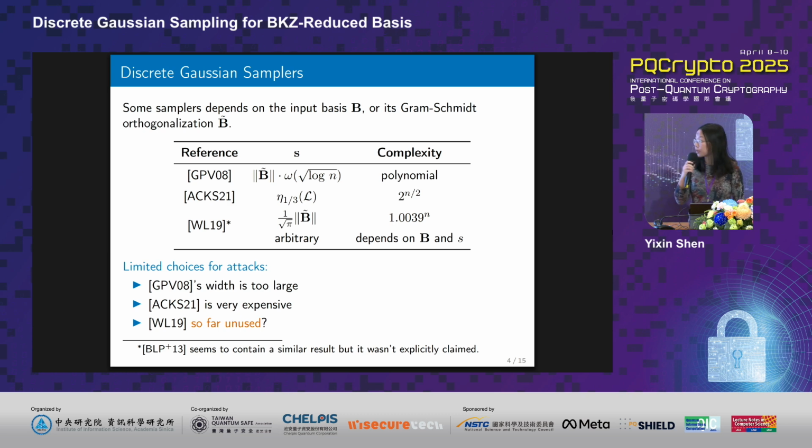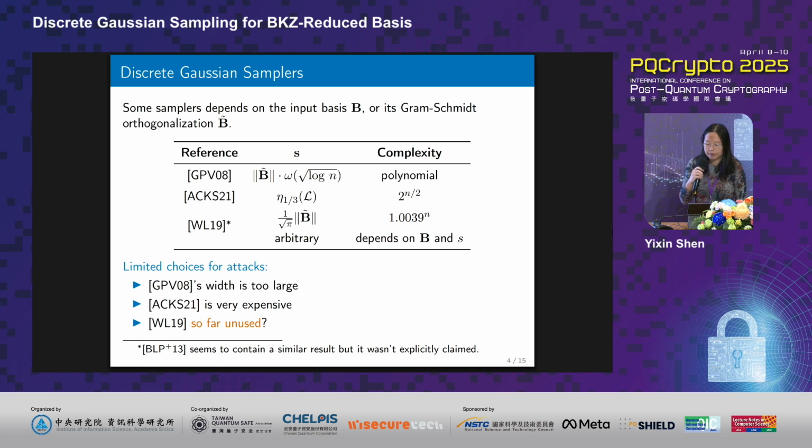And somewhere in between, there's this sampler from Wang and Lin. It can actually sample for arbitrary s. However, of course, the complexity will depend on the basis b and also on s. And there's a special case for this sampler. So for s equals the norm of b tilde divided by square root of pi, you can see that the complexity is still exponential.